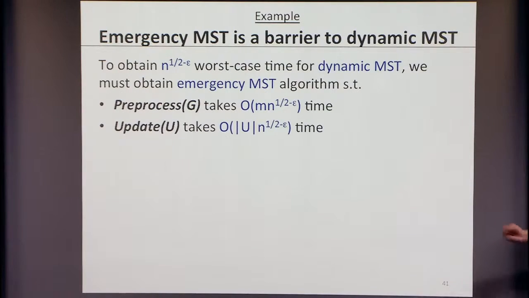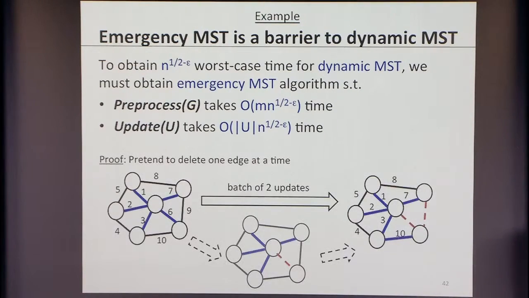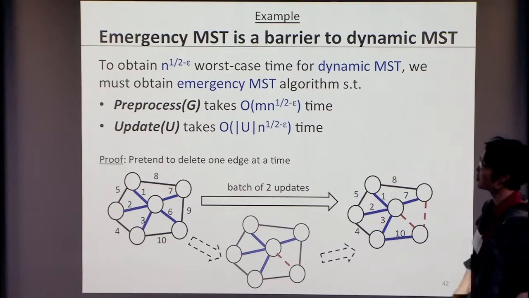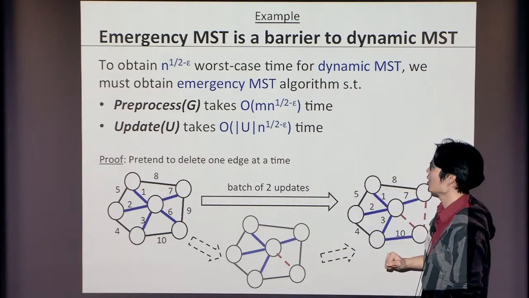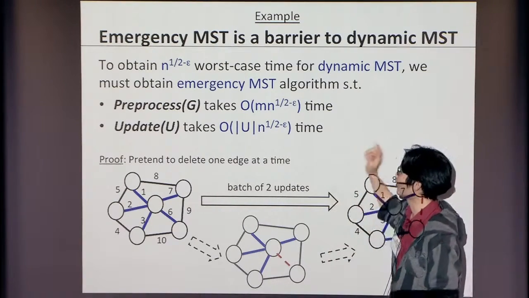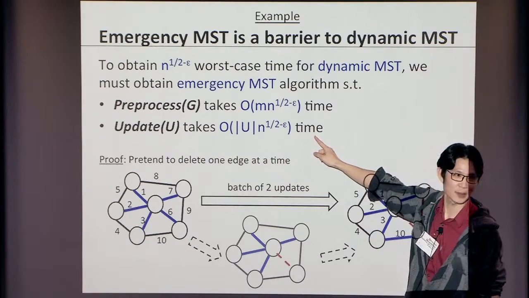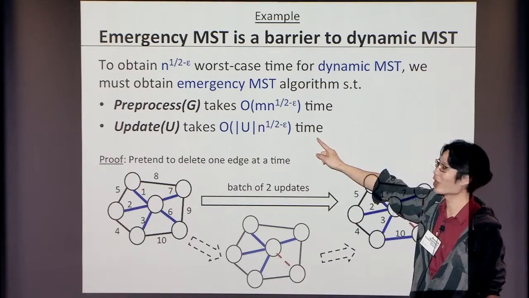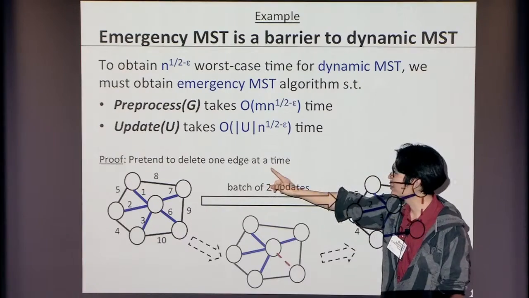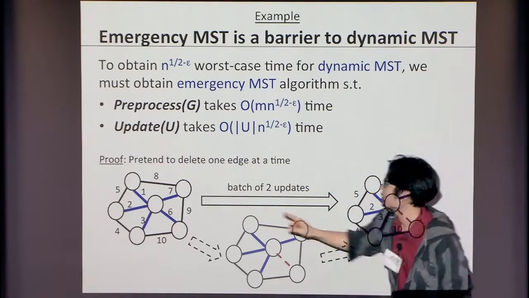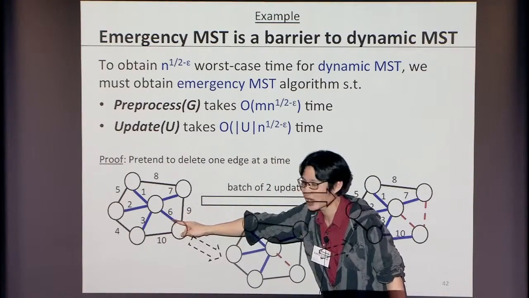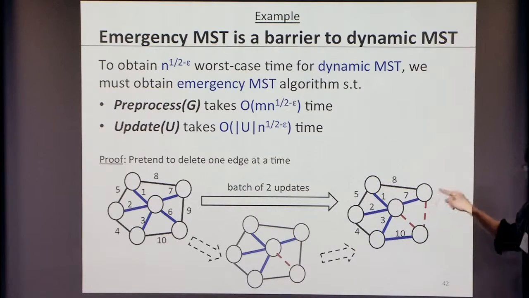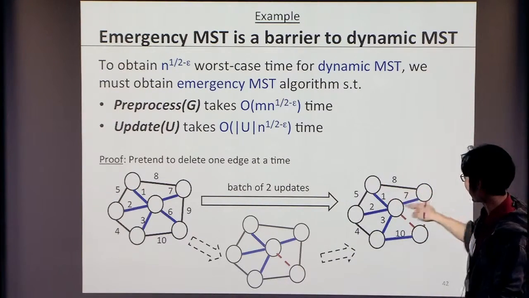But anyway, I will just give a short proof here. If you want to do this, you just pretend that the most important part is this update part. How can you handle updates? You just pretend that you delete one edge at a time. You have seen the example before where I start from this graph and I delete 2 edges here, and then I get this new result.